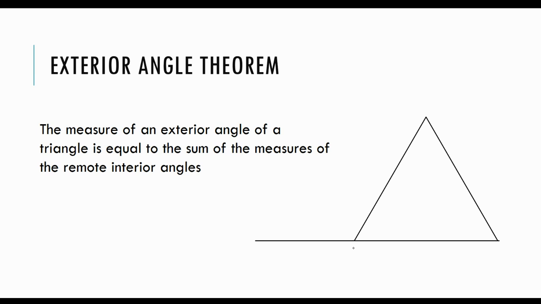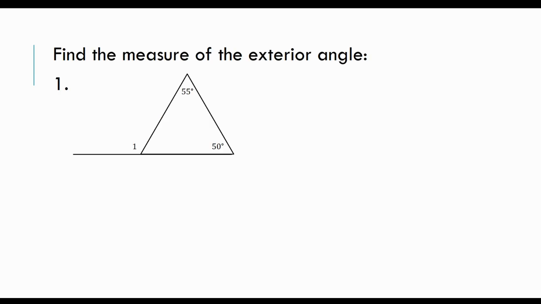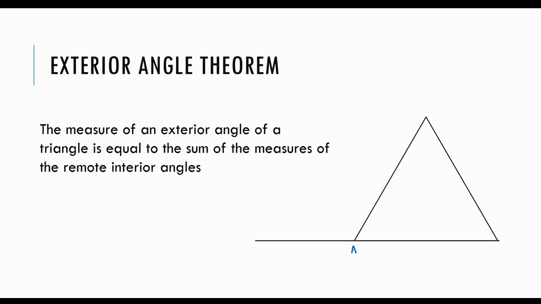Okay, so here I have a picture. I'm going to label this triangle ABC, where notice that at angle A, it has extended to something that is outside of the triangle. I'm going to call that angle 1. So essentially, angle 1 is an exterior angle.